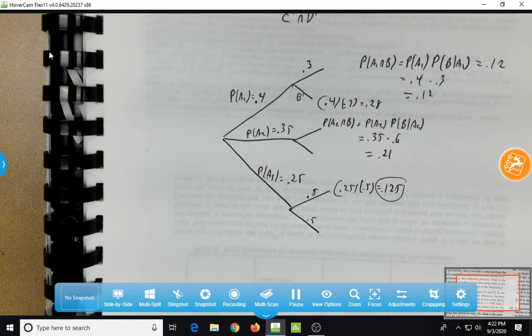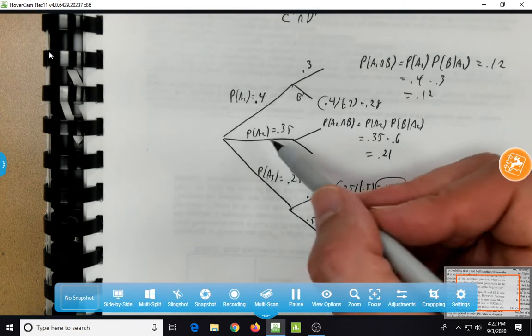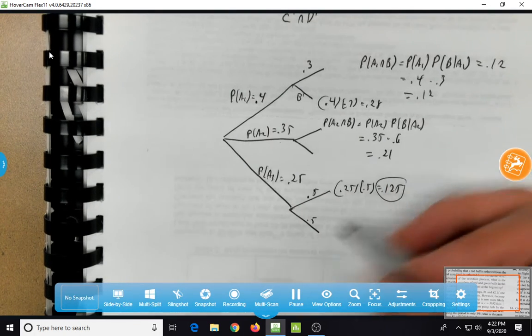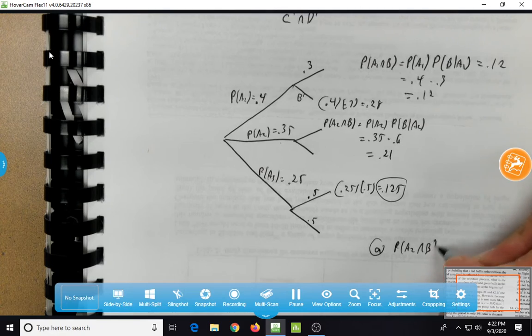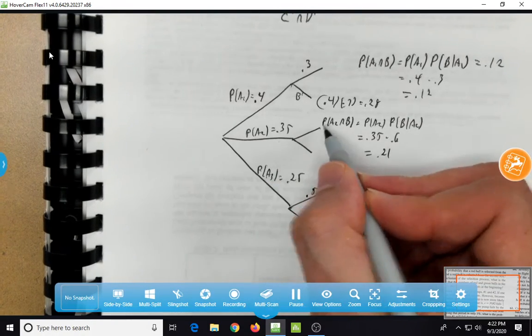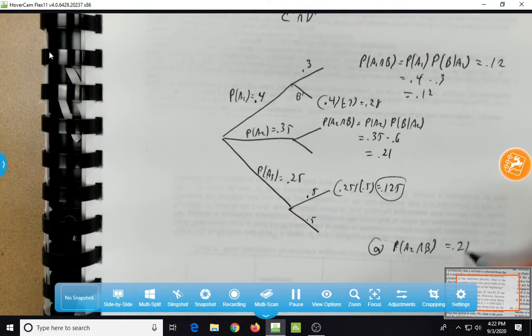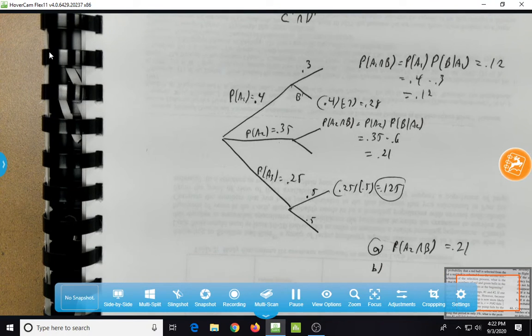So answering those same questions, what is the probability that the next customer requests plus gas and fills the tank? Well, we go A2, fill the tank, and so for the first question, we would have the probability of A2 intersect B, going down the branch A2 and then B, which would be 0.21. The second question is, what's the probability the next customer fills the tank?